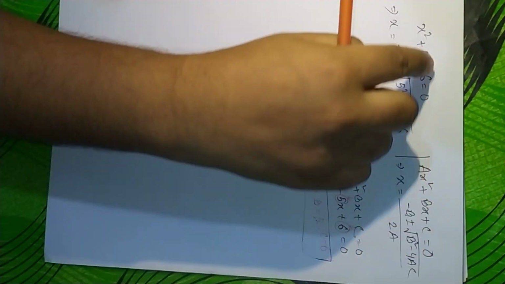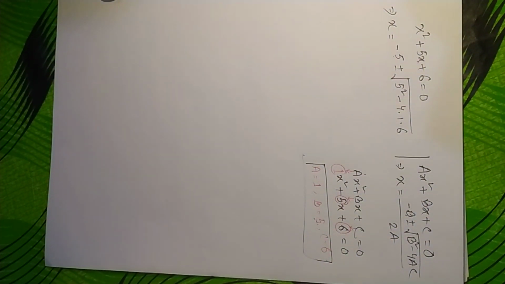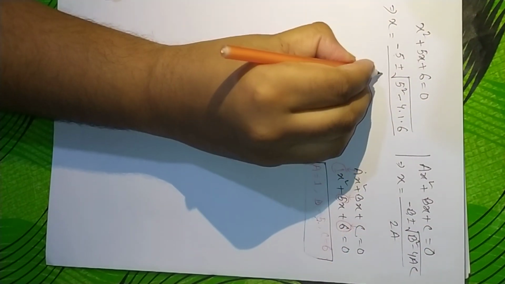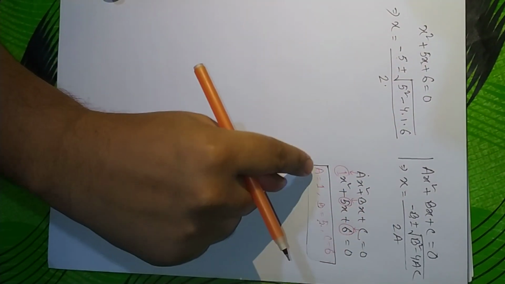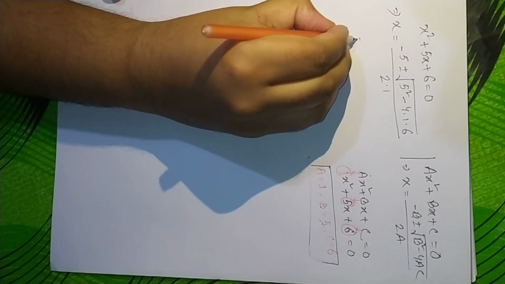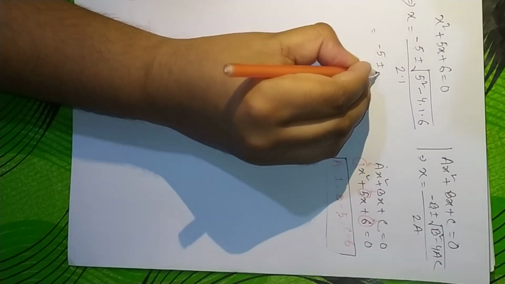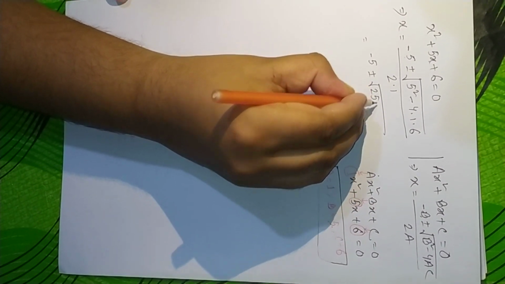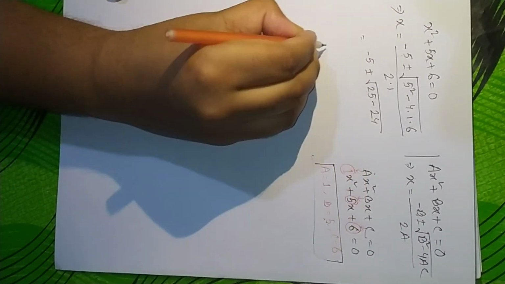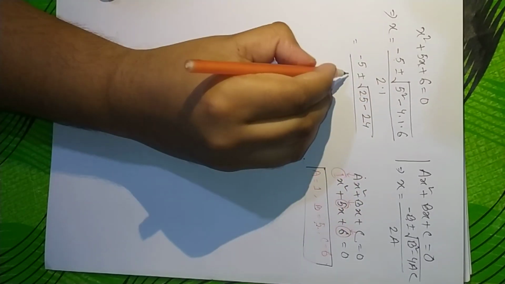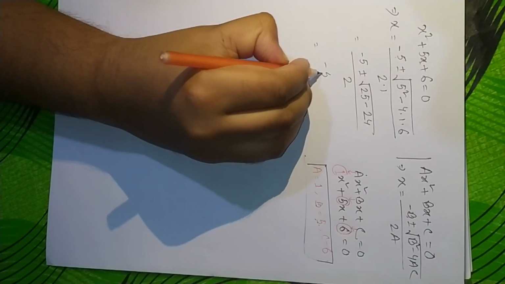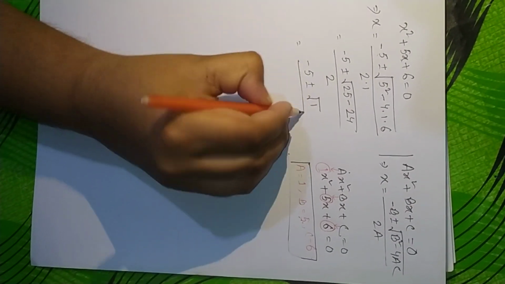By comparing our two equations. Then divided by 2 into a. The value of a is 1. So minus 5 plus minus root over 25 minus 4 into 6, 24, divided by 2.